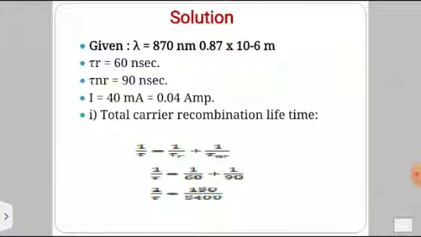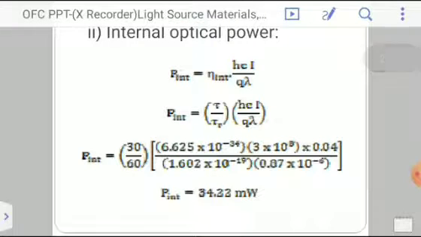Now, the first point is the total carrier recombination lifetime: 1 by tau is equal to 1 by tau r plus 1 by tau nr, so 1 by tau is equal to 1 by 60 plus 1 by 90. After simplifying, you will get the result.